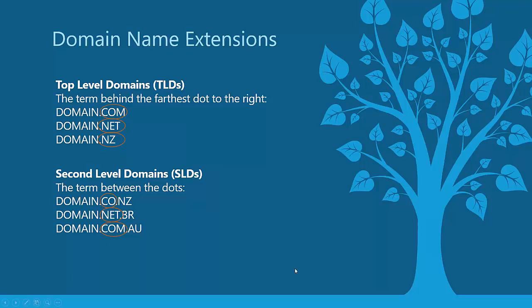For instance, the net.br does require that you be an internet service provider in Brazil. So you will sometimes come across your clients ordering these, and for instance, the .com.au, that's the only one that's available right now. So just knowing the difference between a second-level domain and a top-level domain is a good thing to know.